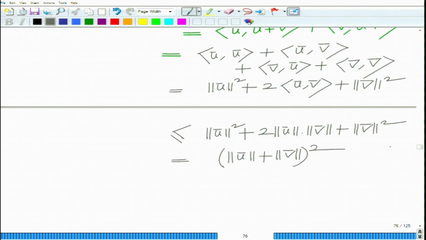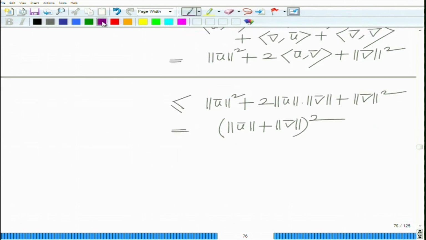Therefore, taking the square root, since all the quantities are positive, this implies the norm of u bar plus v bar is less than or equal to the norm of u bar plus the norm of v bar.